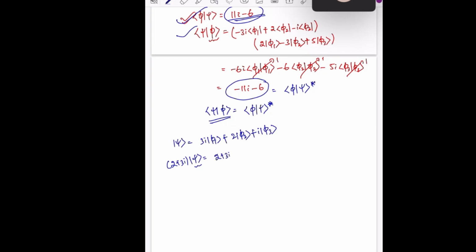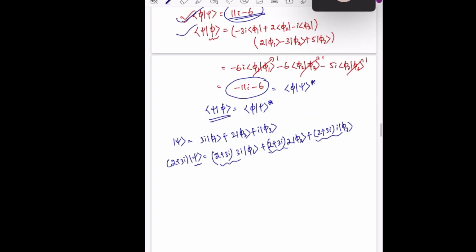So I think you can get it. This is easy: 3i times each term, giving 2 phi 2 and 3i phi 3. Just multiply with the factors and you can get the final result. Be careful while multiplying a constant factor with a bra: if the question asks about that, it will be different.